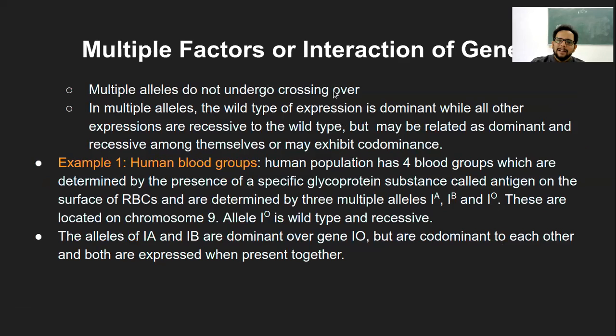Then multiple alleles do not undergo crossing over. If you remember, in meiosis 1 the homologous pair of chromosomes match with each other and perform crossing over, that is the chiasma structure. That does not form with the multiple alleles.